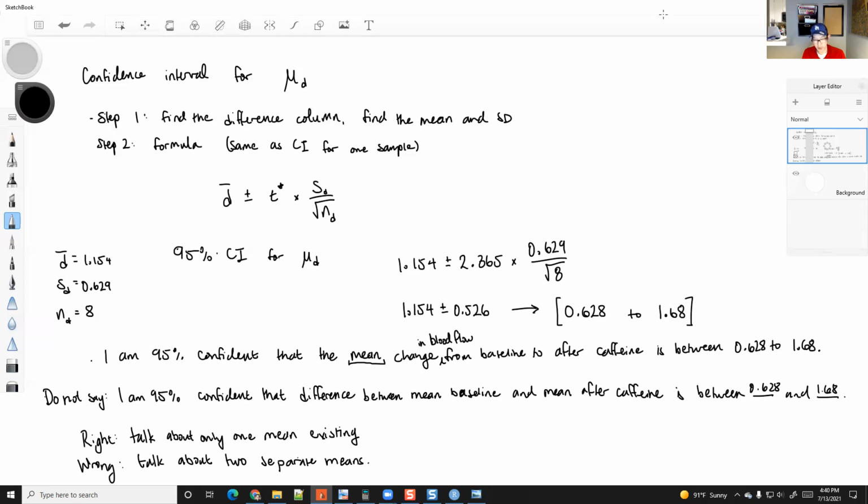Two separate means kind of implies that there are two populations, but there's only one population, and we're just looking at the difference that exists in this population.